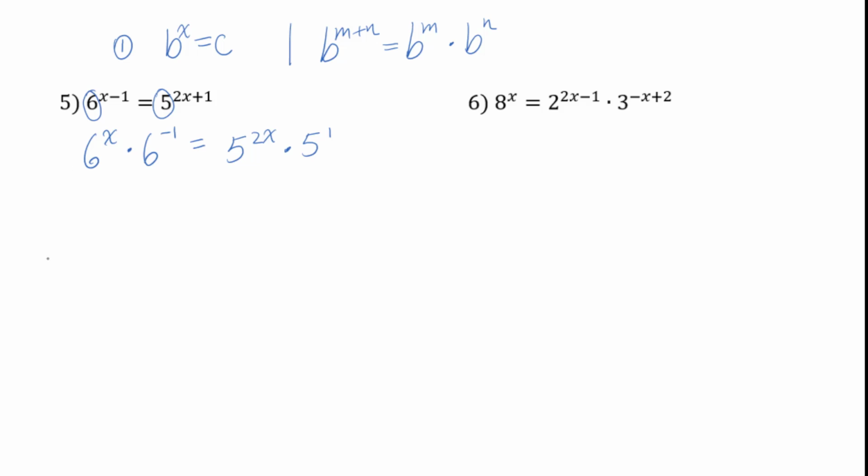Then you organize. If you have negative exponents, you need to change them into positive exponents. 6 to the x power times 1 over 6 equals 5 to the second power, that is 25 to the x power times 5.